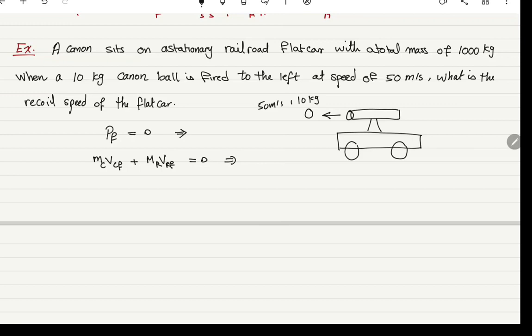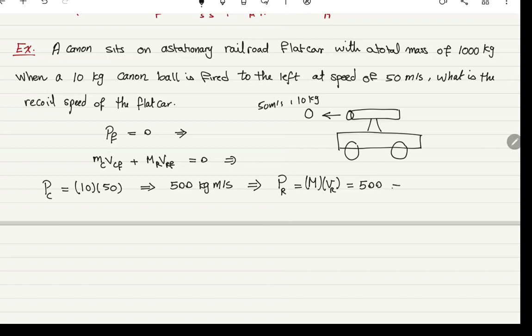Now let's calculate the momentum for the cannon. So momentum for the cannon is equal to the mass of the cannonball, 10, times the velocity here, which is 50 meters per second. So in total, it is equal to 500 kilogram meters per second. Now momentum for the railroad is equal to the mass of the railroad times the velocity for the railroad, which is equal to 500.